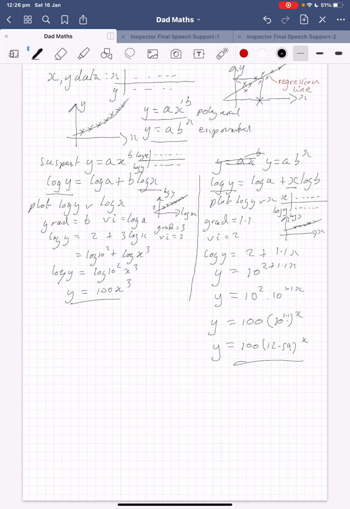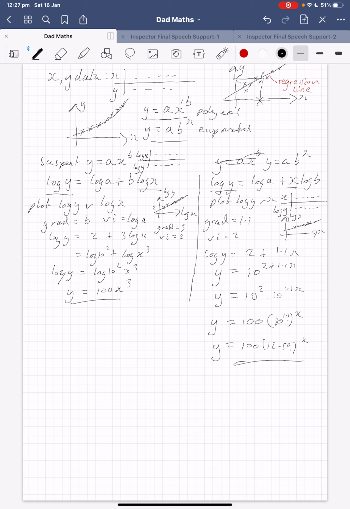For this part of the course, you should learn on ClassWiz how to get the line of best fit from some data. Check maybe on Desmos visually that it works, because Desmos will also do a regression line. And then you need to be able to work with relationships of the form y equals a x to the b, which is polynomial or power of x form, or relationships which we suspect are of exponential form, y equals a b to the x.